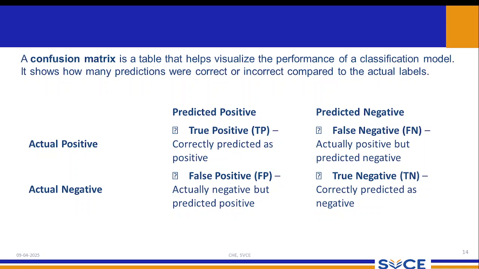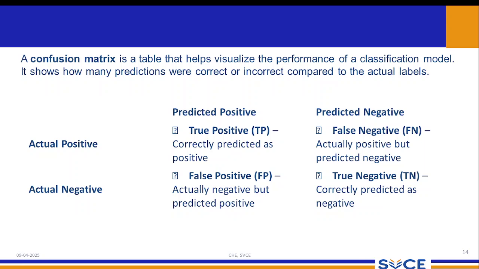Second column, the predicted negative. So actual positive but predicted negative is a false negative. True negative means actual negative correctly predicted as negative. So actual as well as predicted are found to be negative, so it's true. So in true positive and true negative, the actual and predicted are the same, whereas in false negative and false positive, the actual and predicted are not the same. I can put it that way.